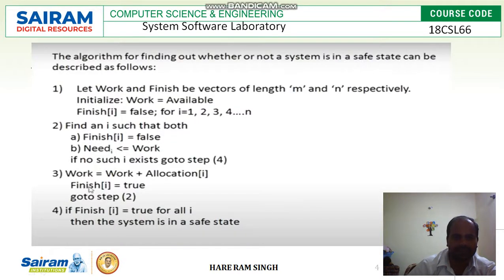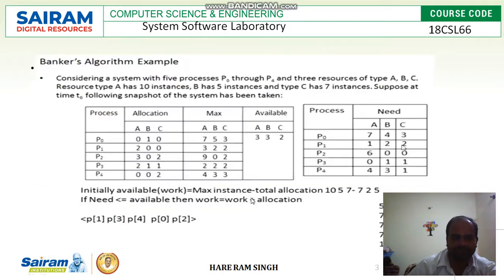We will go with one example here. The need for P0 is 743. We'll check whether the need is less than or equal to available. Available is 3 3 2. No, 7 is not less than 3. So we'll check with the next one.